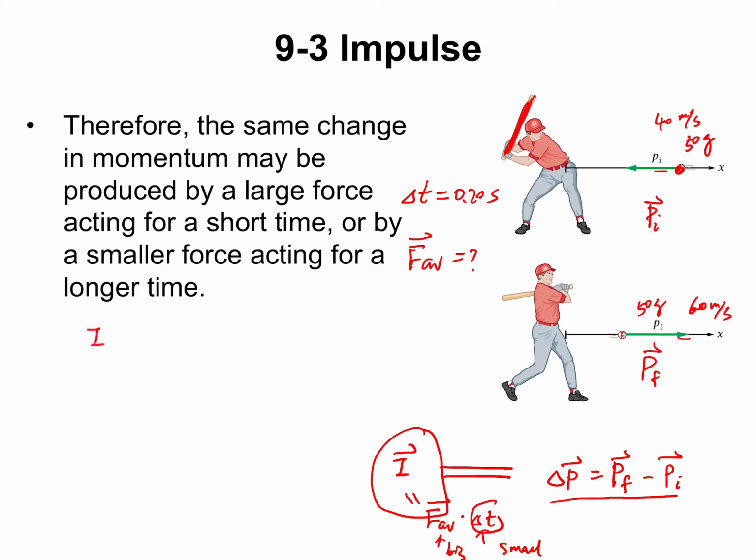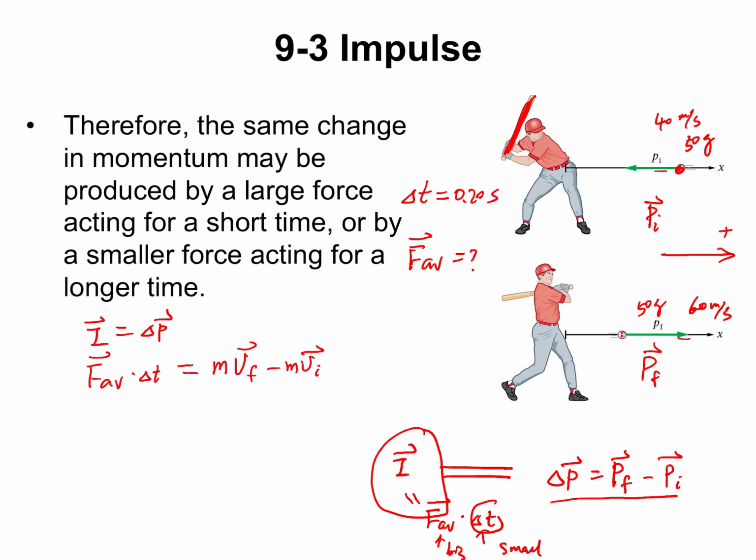Based on the impulse momentum theorem, impulse equals changing momentum. Impulse here is average force times time. Changing momentum is m vf minus m vi. Let's make this direction the positive direction. So we plug in data. When you plug in data, remember you have to make sure to use vectors, so you have direction associated with it.